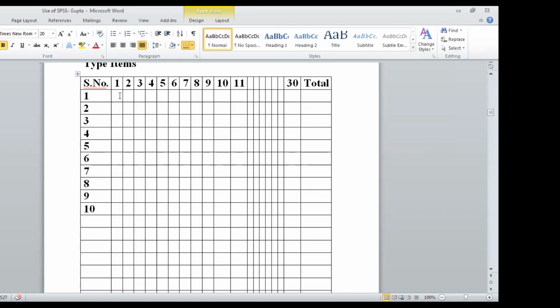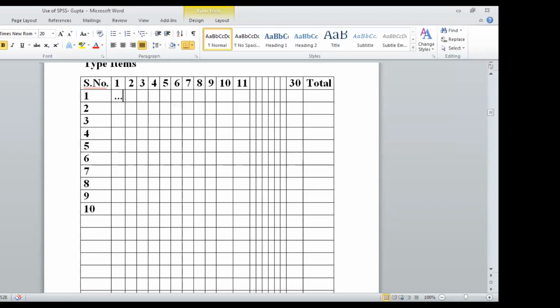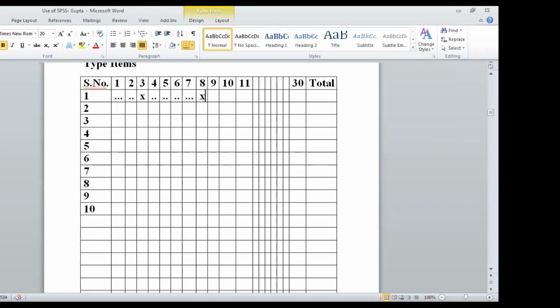Say he has given the correct here, and here he has given the correct. Here he has given the wrong. Here correct, here correct. Here correct. Here correct. Here he has given the wrong answer. Correct answer, correct answer, correct answer. And then you can find out the total score here.